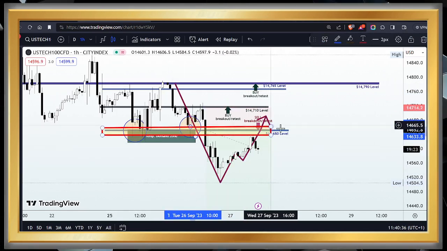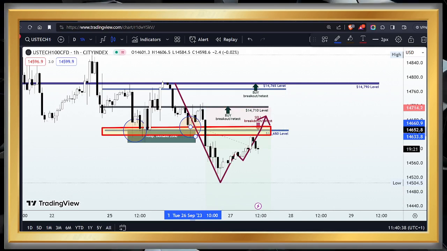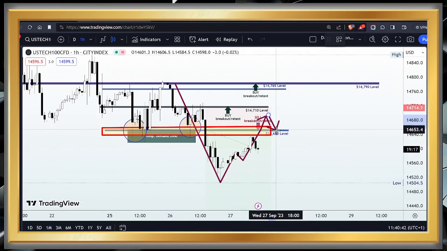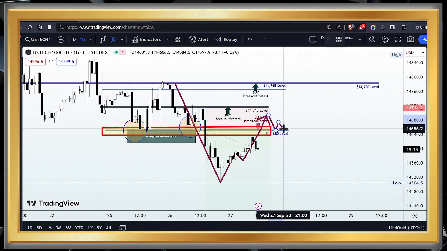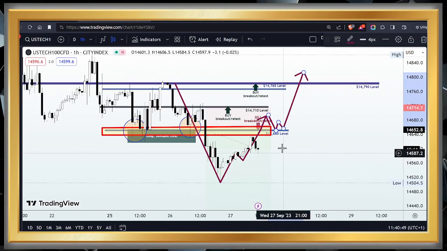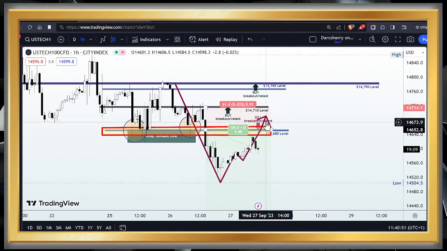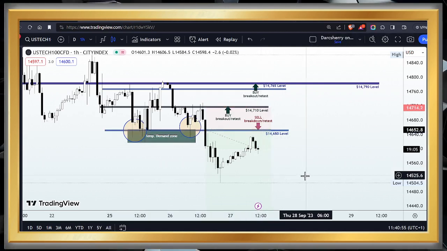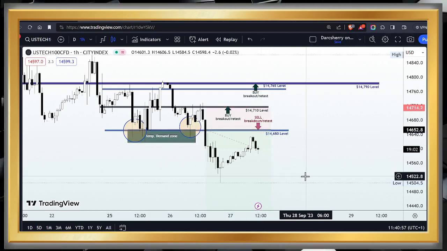So if price climbs above this area, I want to consider this as an opportunity to start considering buying, where the retest of structure on our lower time frame will be a beautiful opportunity to join an uptrend scenario. So this is what we shall be looking out for here today. You can see how important the 14,650 level is for us in this scenario.